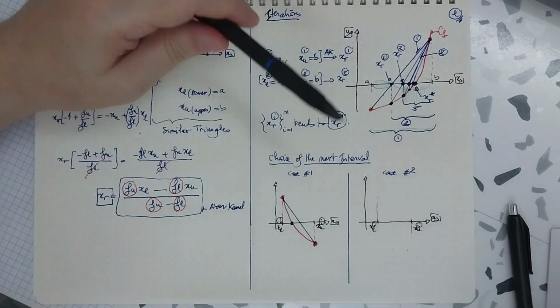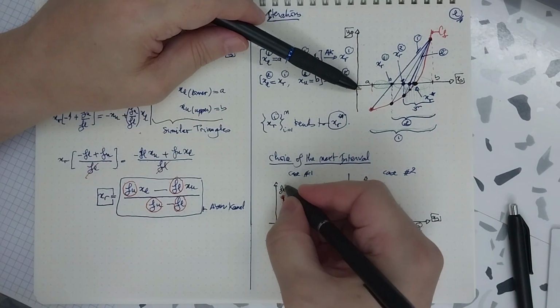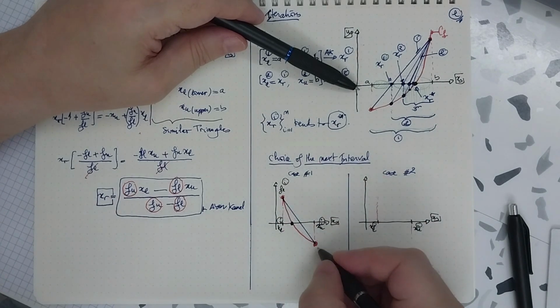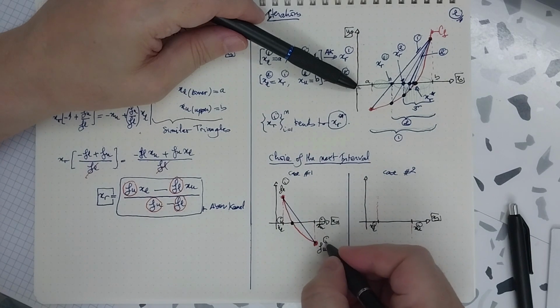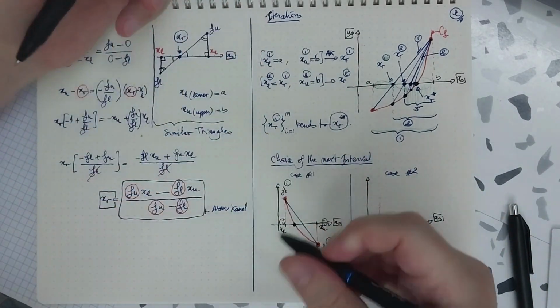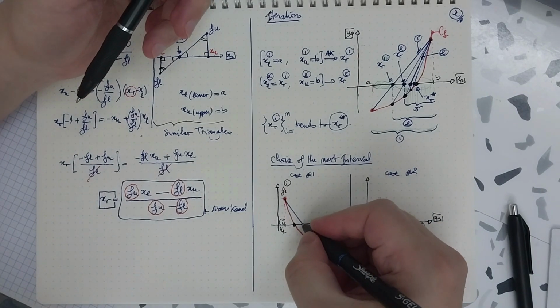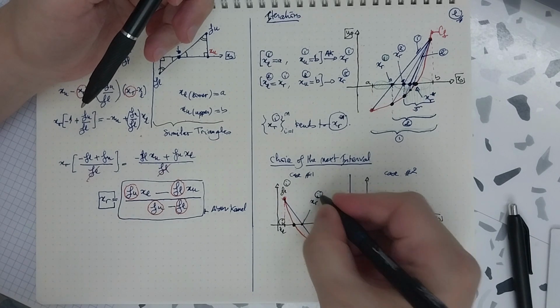It joins FL at the ith iteration and FU at the ith iteration. And we get the point XR at the ith iteration.